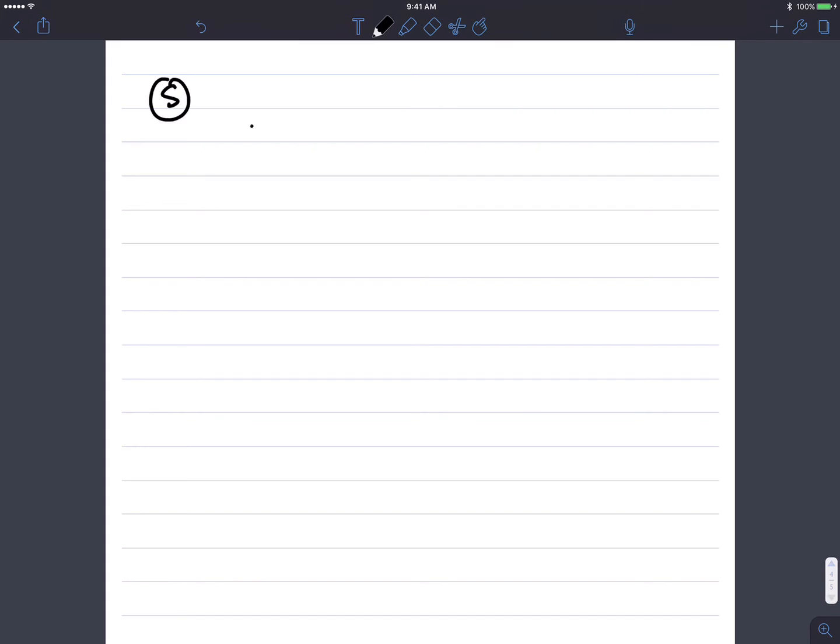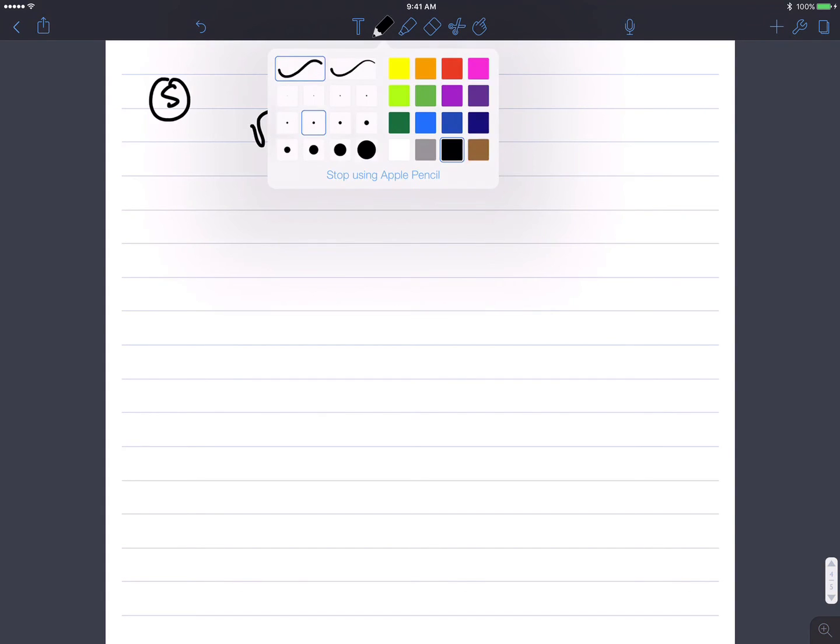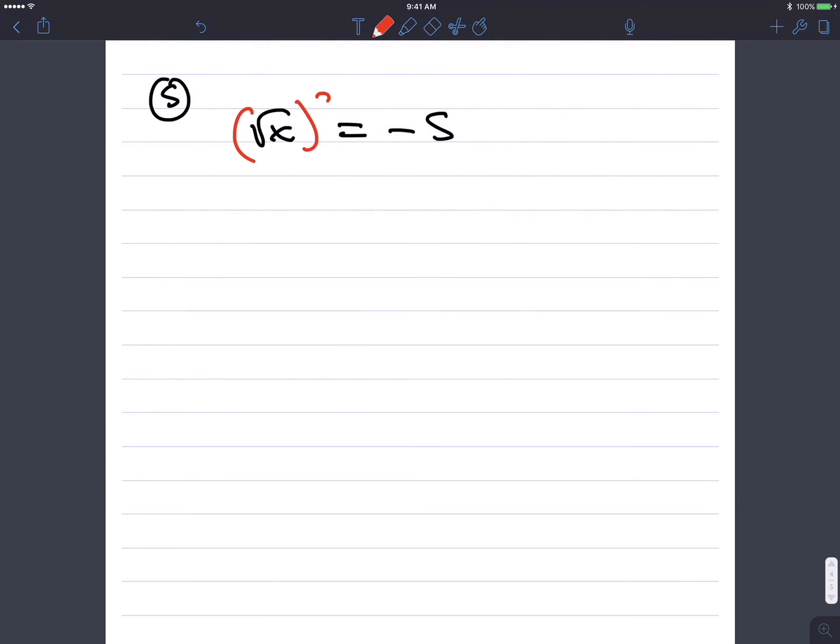Number 5. The square root of x is negative 5. We're going to square both sides here. Notice we get x on the left, and that's going to equal negative 5 times negative 5, or we say x is 25.